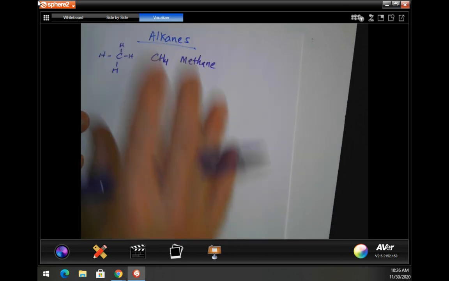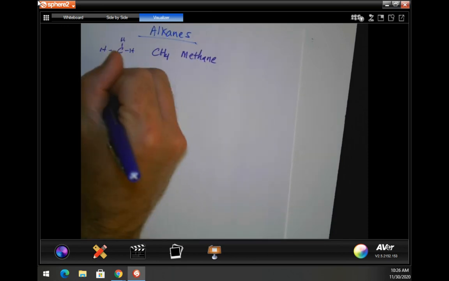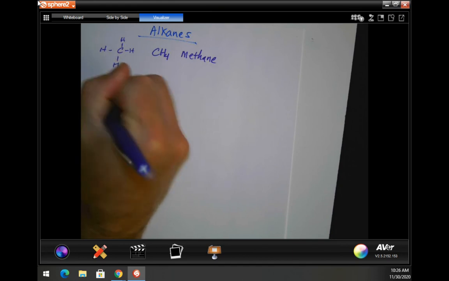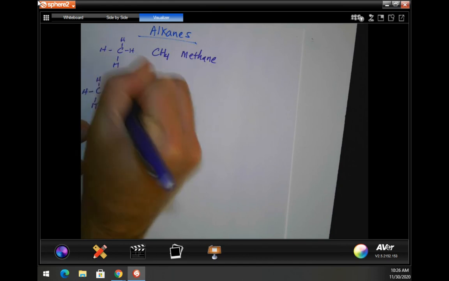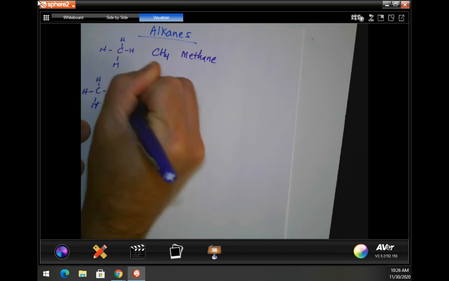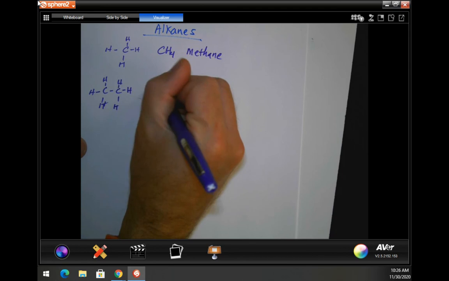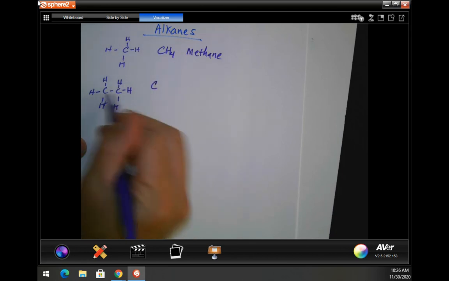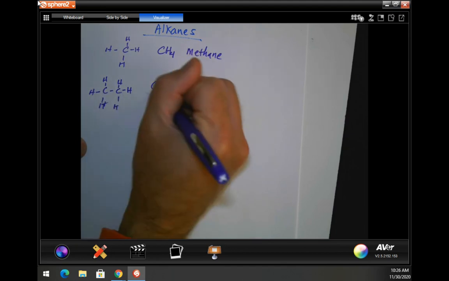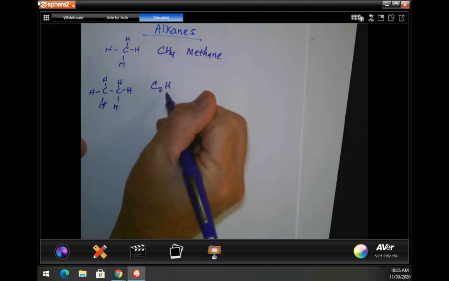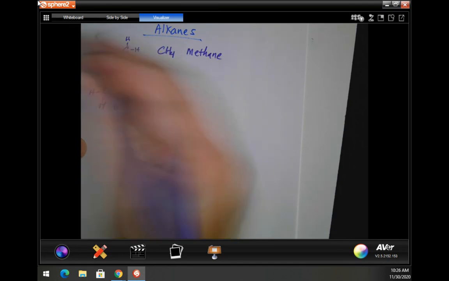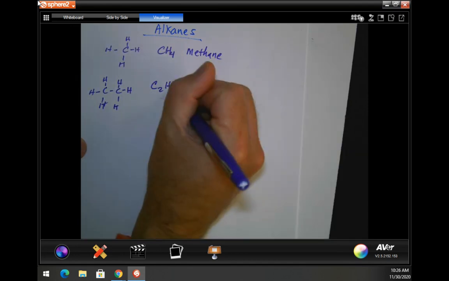Now we're going to move on to something a little more complicated. You're not going to see me draw this out because it takes way too long and it gets messy. Since there's 2 carbons, without cheating and looking, use the formula and tell me how many hydrogens there would be. 6, because 2 times 2 is 4, plus 2 is 6.